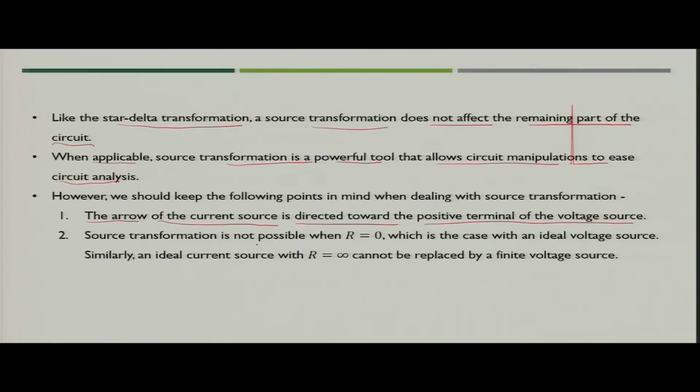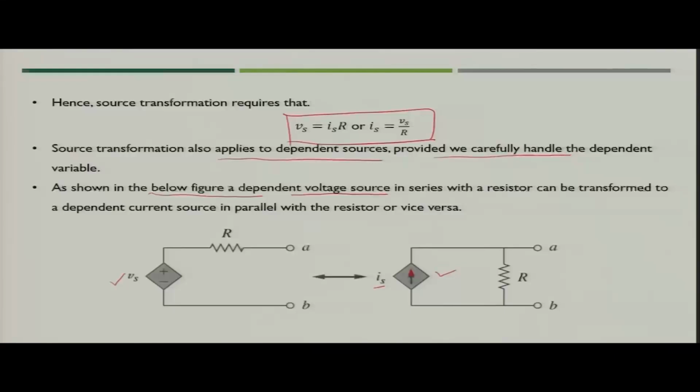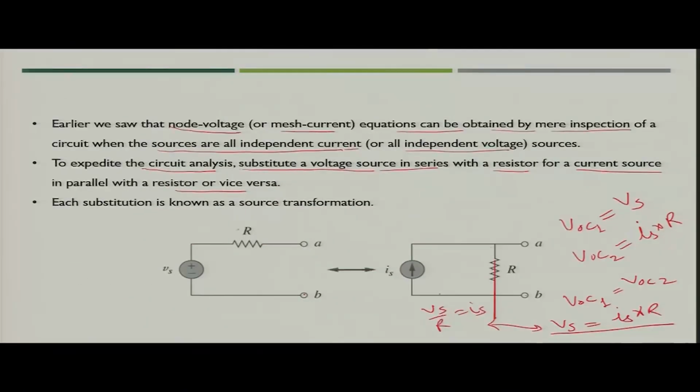Now, source transformation is not applicable when R is equal to 0 in case of the voltage source. So, if you make R equal to 0, this will become an ideal voltage source, and if you make R equal to infinity, this will become an ideal current source.